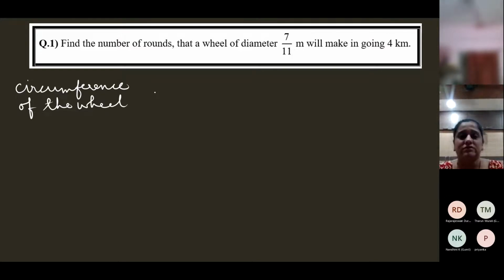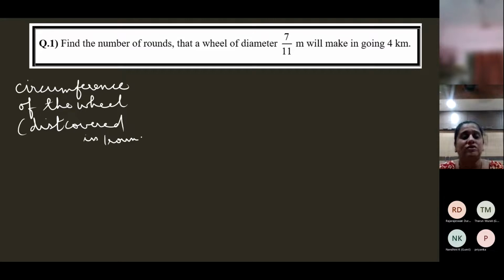The circumference of the wheel is nothing but the distance covered by the wheel in going one complete round, one rotation, one revolution, whatever. You should understand it like that: the distance covered in one round is the circumference of the wheel.